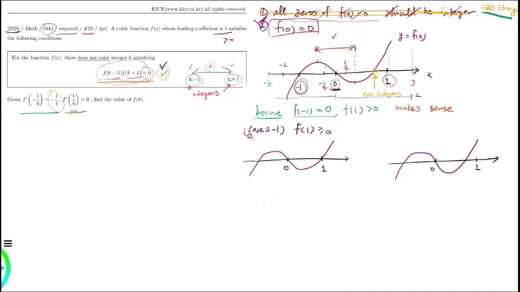For the case of f of 1 is 0, here the value of -1, which is the partner for this one, could be 0 or could be negative.